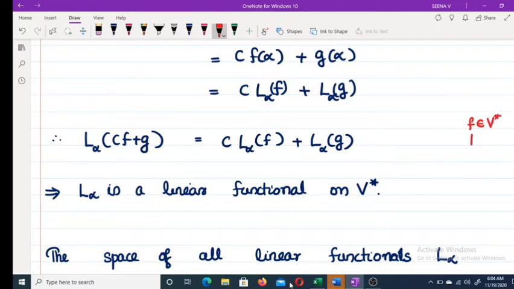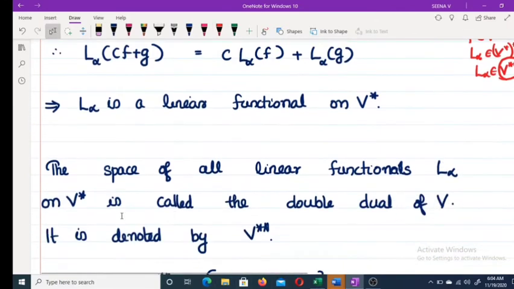So if L alpha is a linear functional on V star, it means L alpha belongs to V star star, that is, V double star is the set of all linear functionals on V star.